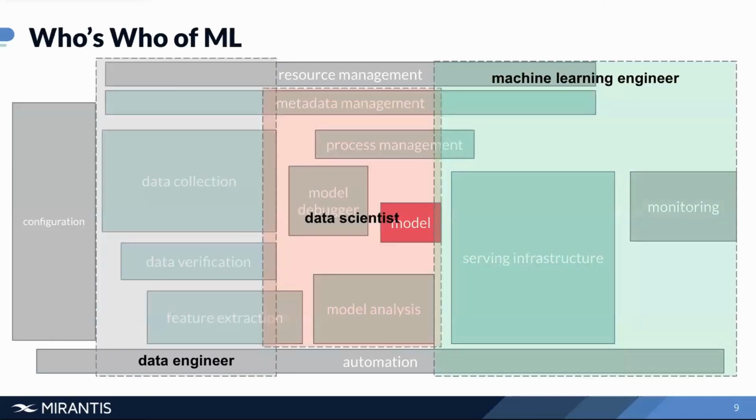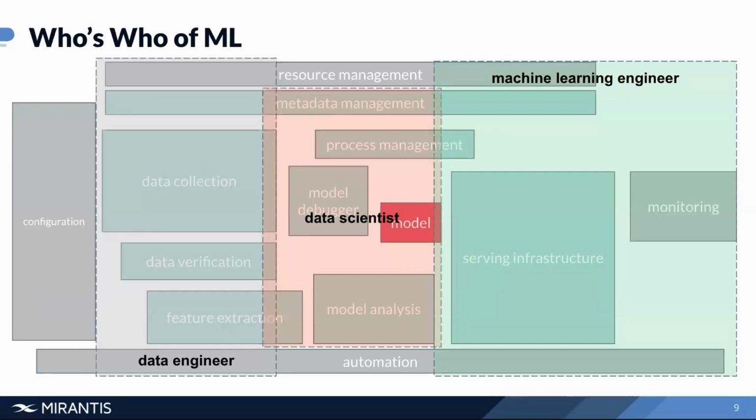Normally, for all of those different tasks, you need to have different people to look into those things. Like a machine learning engineer needs to look into serving the infrastructure. He needs to provide monitoring, but also have parts of the resource management, metadata management, and automation. The same for the data engineer that is providing the configuration, automation, looks into data, looks into how we can use that data, how we can do feature extraction.